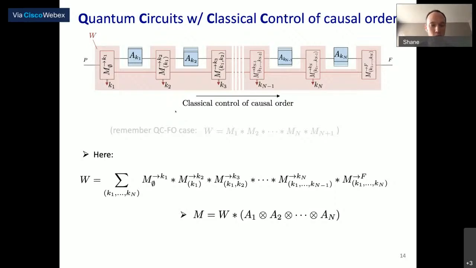Input channel or cone? Sorry, I missed the question. So he is saying that since the internal operations of the supermap depend on these classical labels, now he's wondering what the input channel that you feed into this looks like.